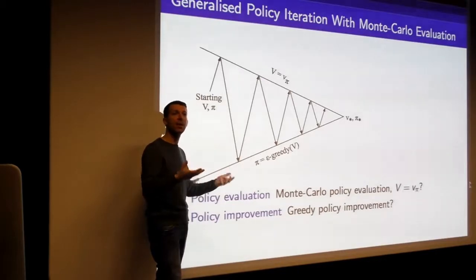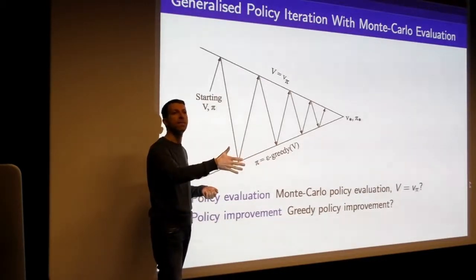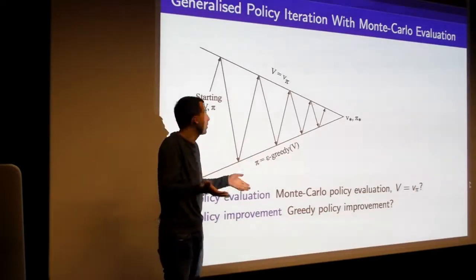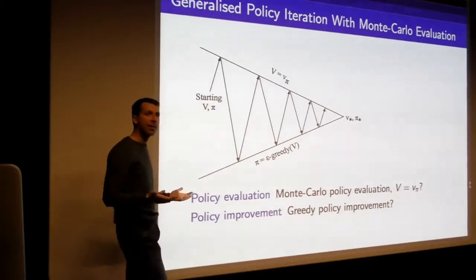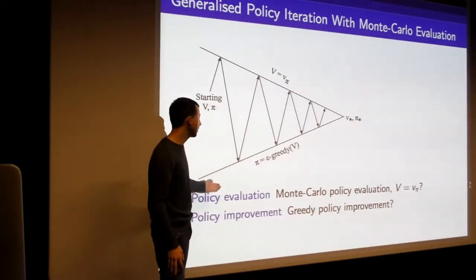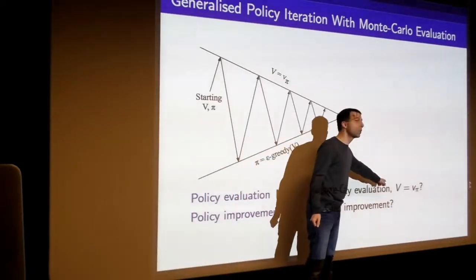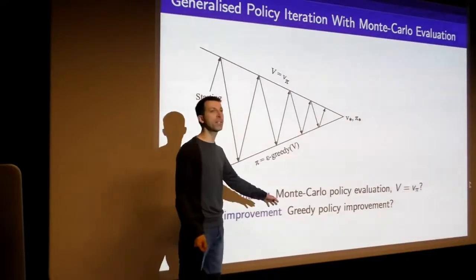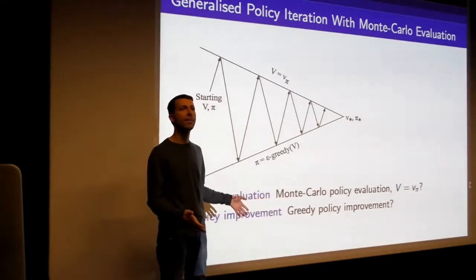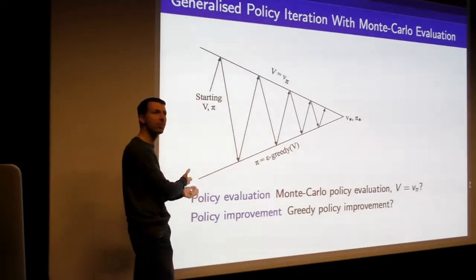Remember, Monte Carlo evaluation is just: you execute some trajectories and take the mean. And that's the value of your value function. So what about doing that as our process for estimating the value of the policy? What would happen if we just ran some trajectories, used those trajectories to estimate V, and then applied greedy policy improvement? Would that work? Any thoughts? Any problems with this idea? Do people understand what the suggestion is?